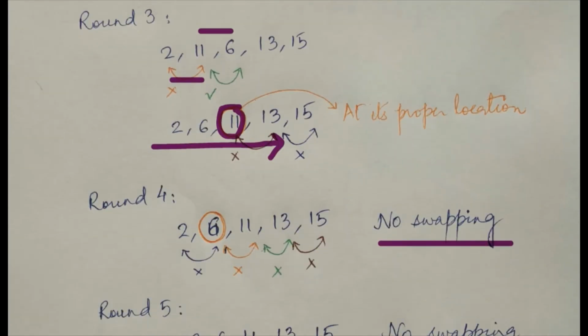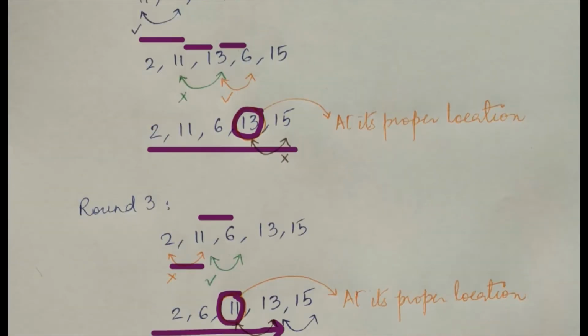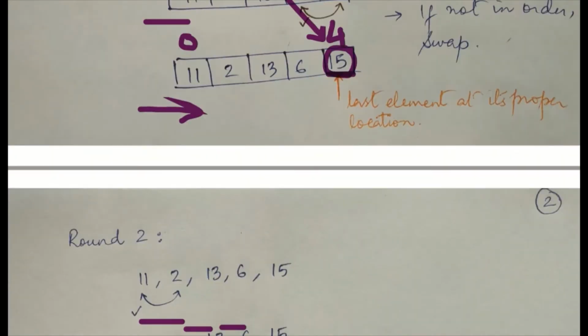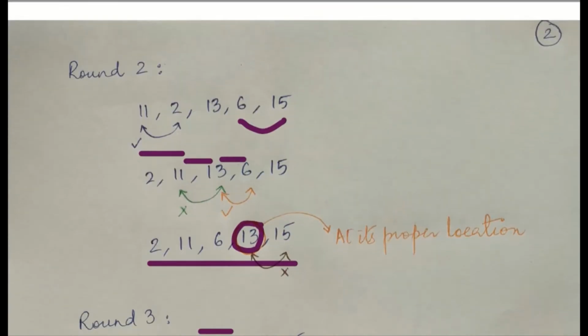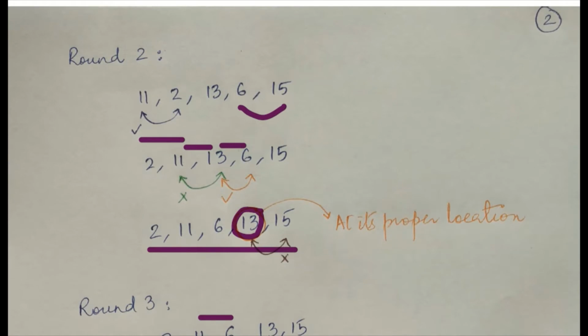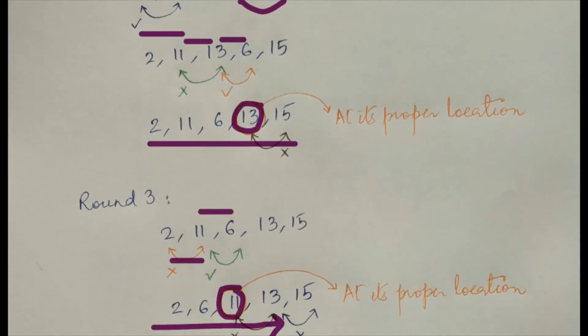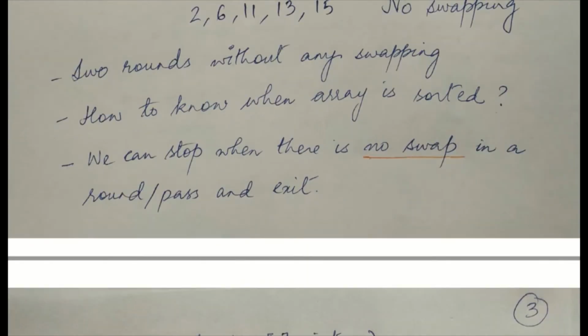So in every round, after we know that 15 has reached its proper position, we don't need to compare 13 and 15. We can as well leave out the last element comparison. We'll just see that in the code that follows.